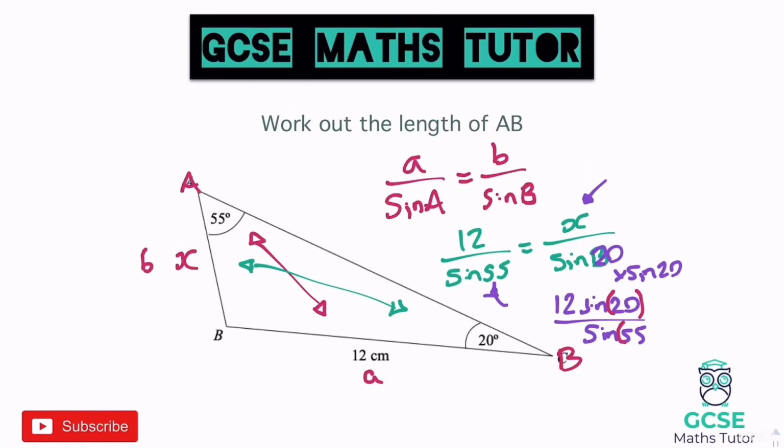Some calculators are going to need you to do that. Again, not forgetting you could just work out 12 over sine 55 first, and then times it by sine 20, but I'm just going to go for it like this. So 12 sine 20 on the top, closing your bracket, over sine 55, and on your calculator just writing down what you got.